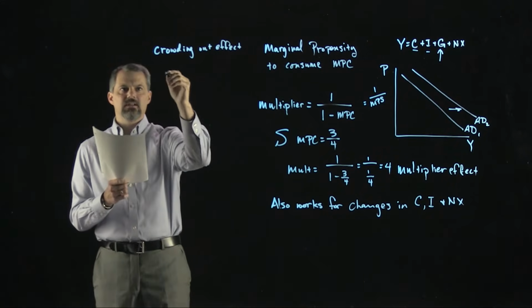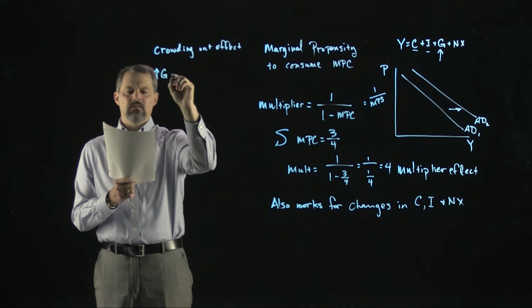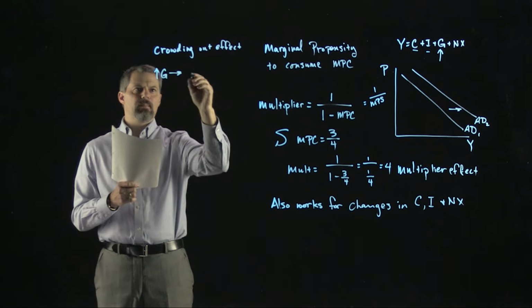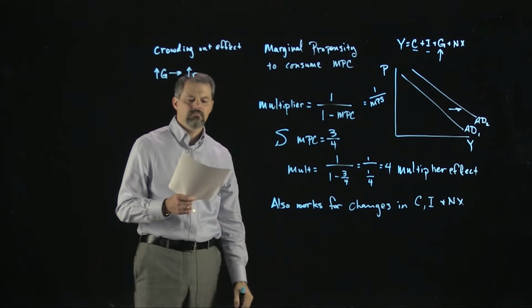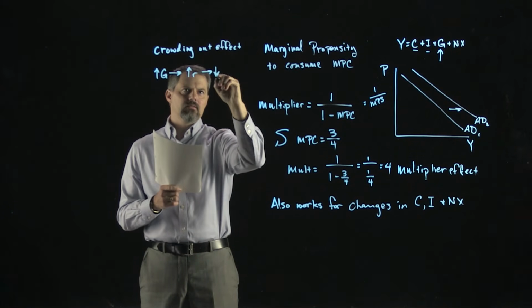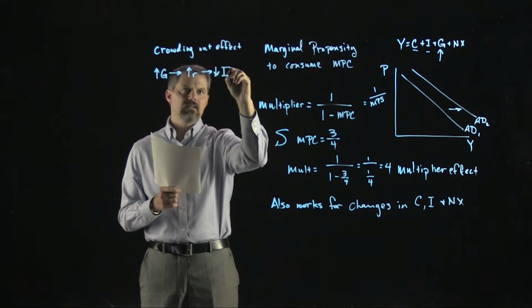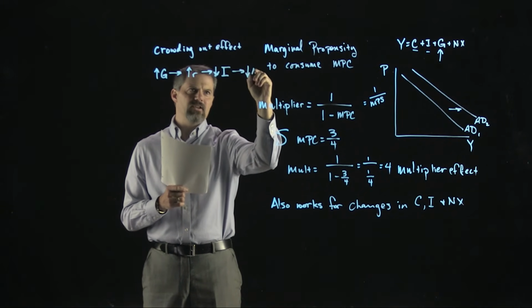And so here's how we would think about that. An increase in government spending is going to end up causing an increase in the interest rate, which causes a decrease in investment, I, which ends up causing a decrease in aggregate demand.